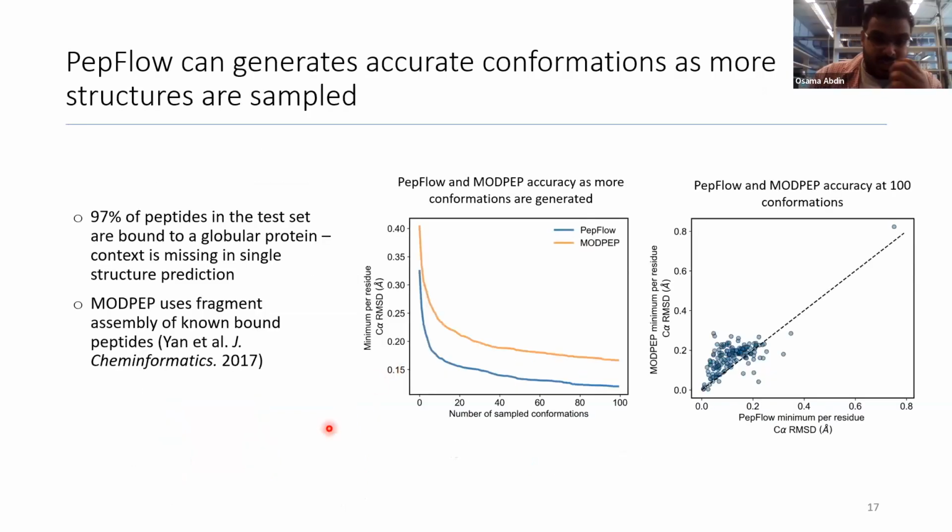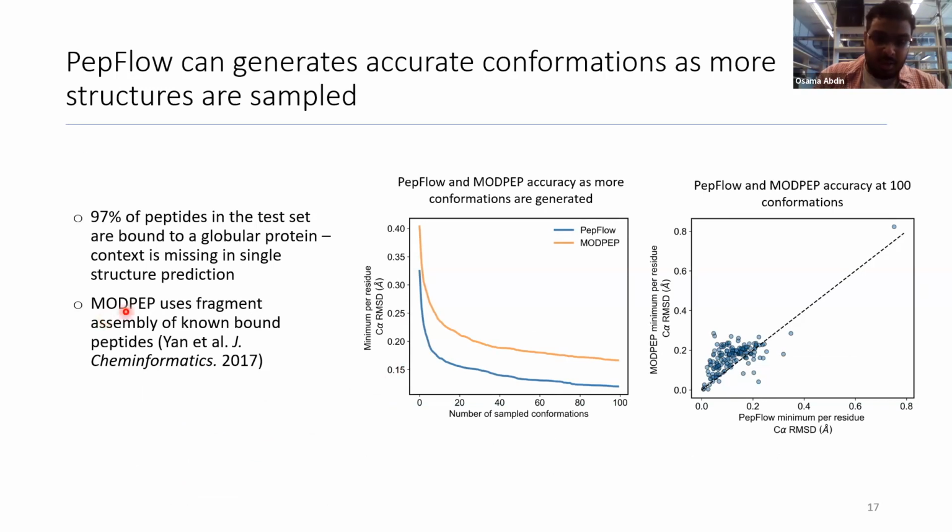So this is another point: in the test data set, the majority of peptides are actually bound to globular proteins, and this context is missing when performing the single structure prediction. So the single structure prediction is necessarily going to be lacking. We want to assess whether, as we generate more conformations, PepFlow does eventually generate reasonable conformations for peptides.